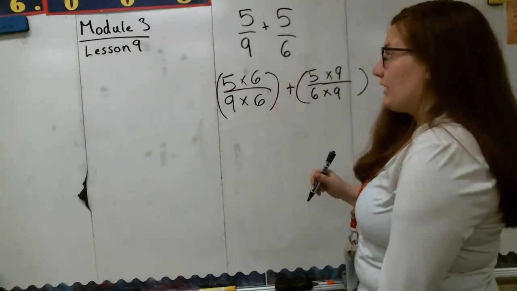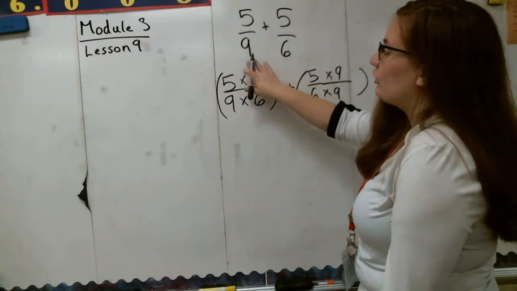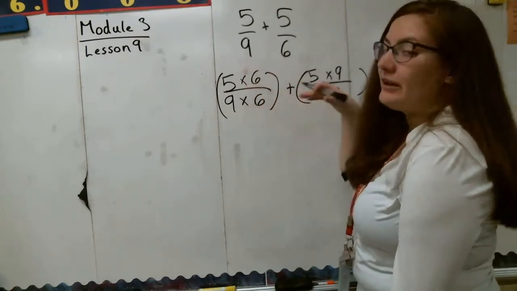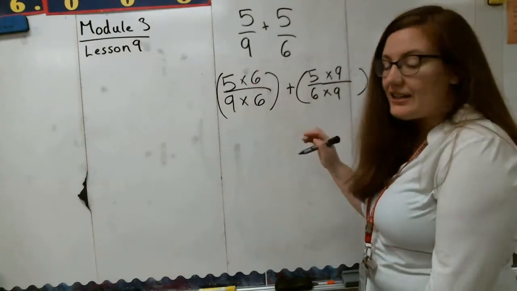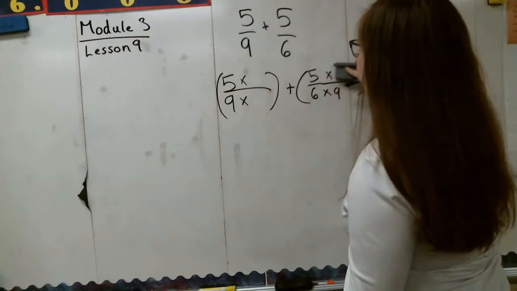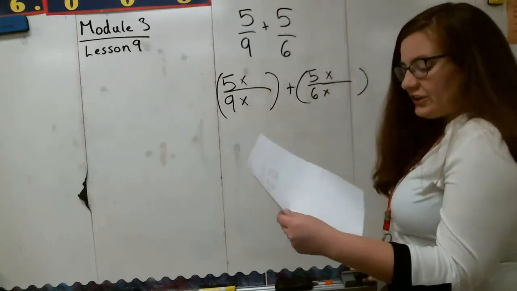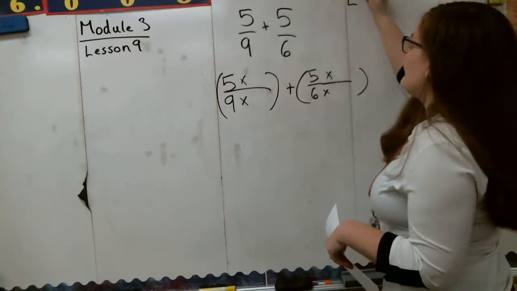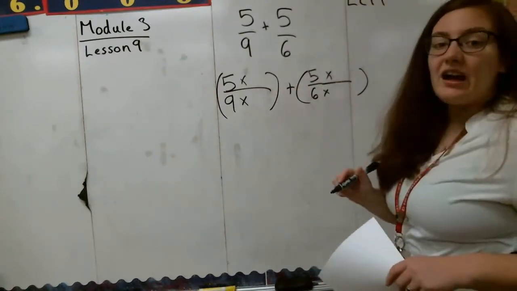So yes, normally when we are looking at these addition problems, we can normally just multiply by whatever number is on the other side, but there is actually an easier way to do this. And what that is, you'll notice on your sheet you have something that says LCM. And the LCM is the lowest common multiple.